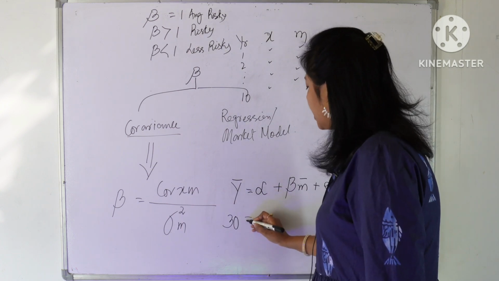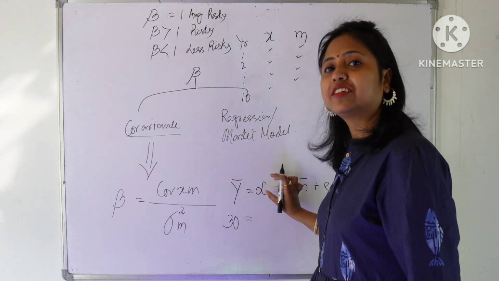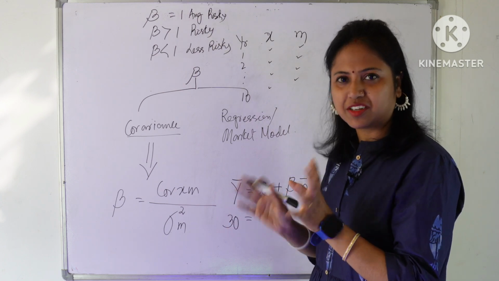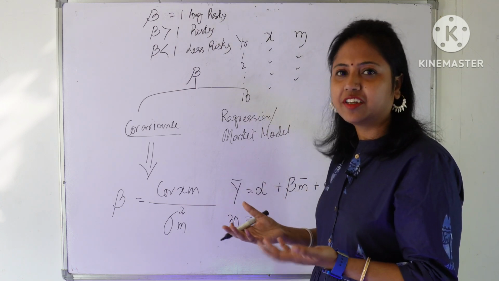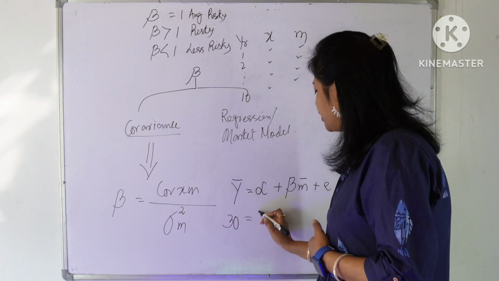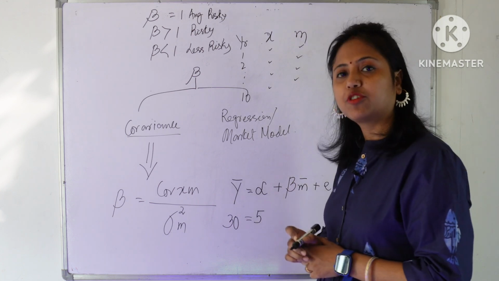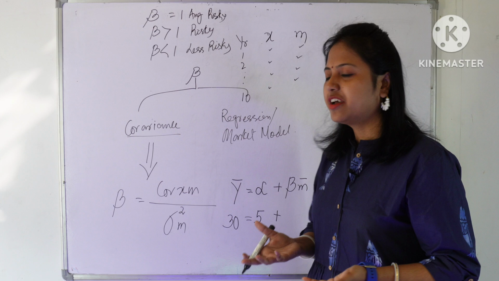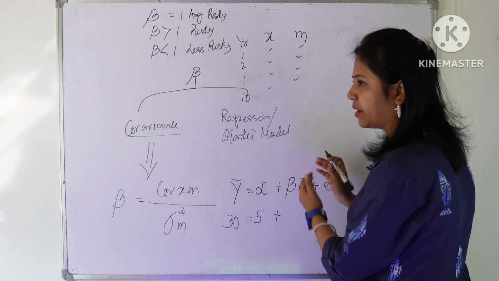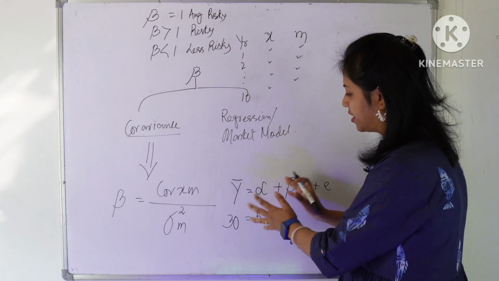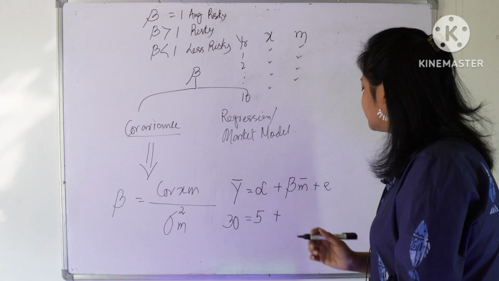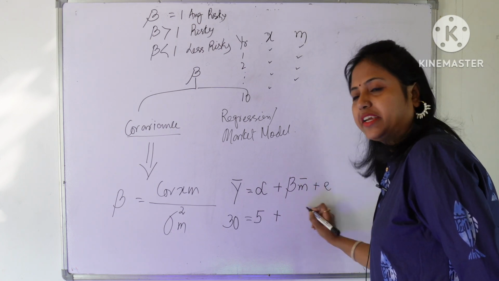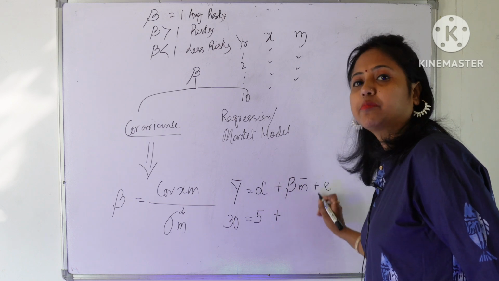A part of this 30 is fixed. Alpha is fixed. That means it is not related to any market movements, ups and downs. It may be the fixed dividend that I am getting from my share. For example, it is rupees 5 that I get from the share. So the remaining 25 is coming from where? The remaining 25 is because of the market movements, ups and downs. Now from the market, how much average return is expected?